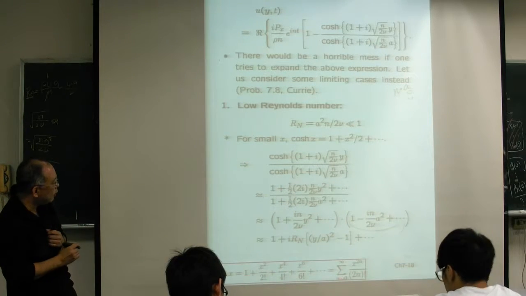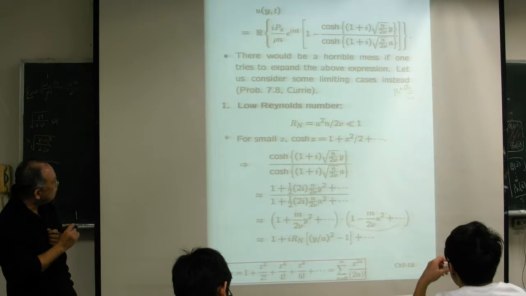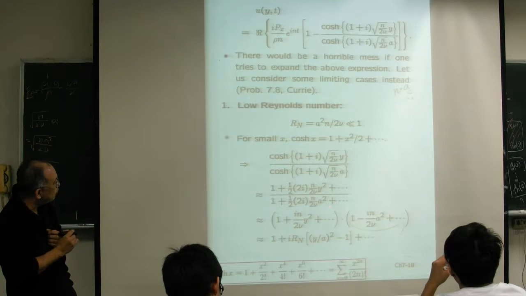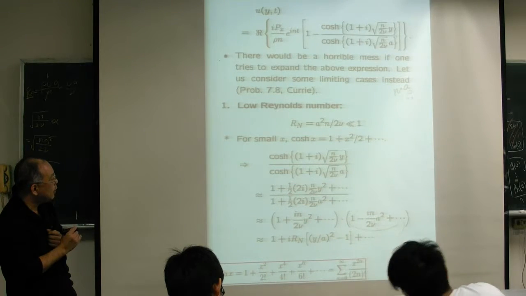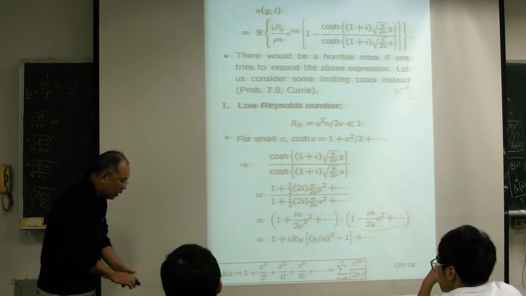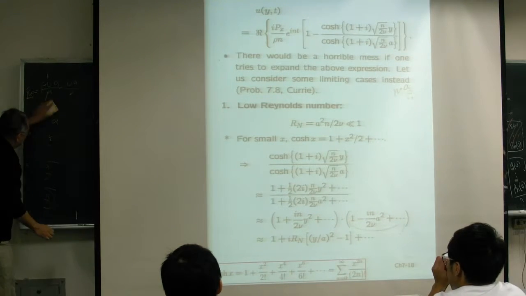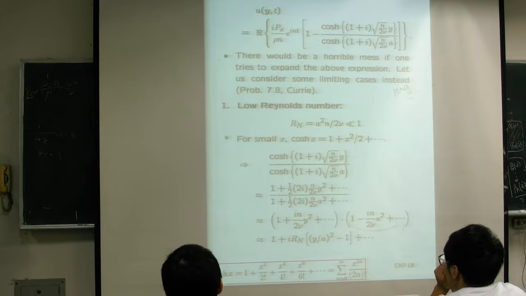So we're using this Taylor expansion based on this small Reynolds number. I can simplify this hypercosine function to this, and on the denominator we have this. Here this is a very small number, and this is 1 plus a small number.